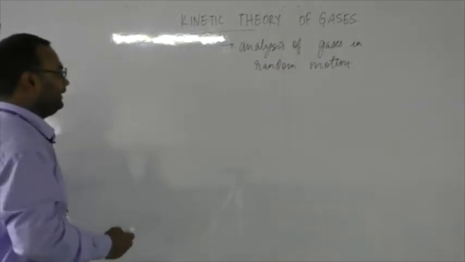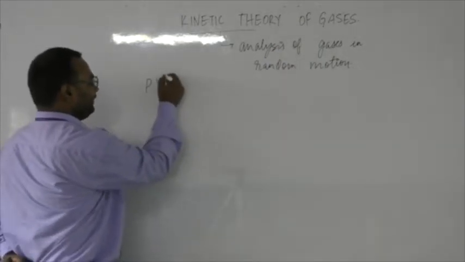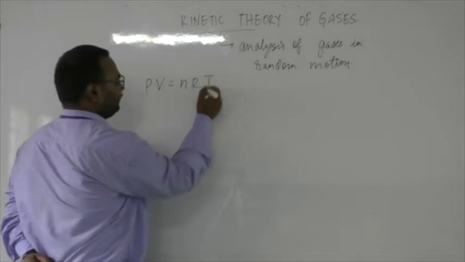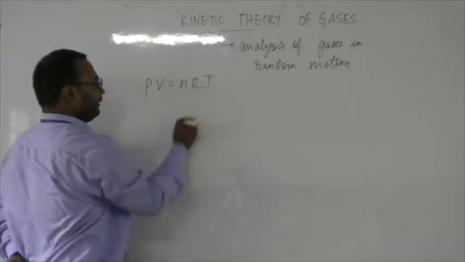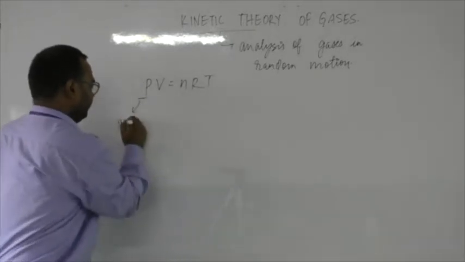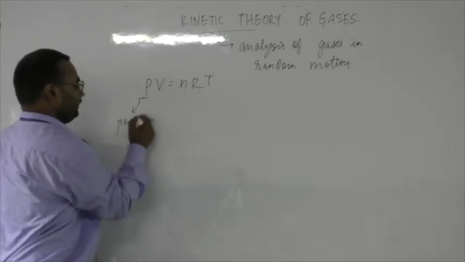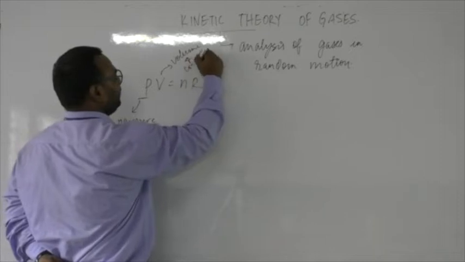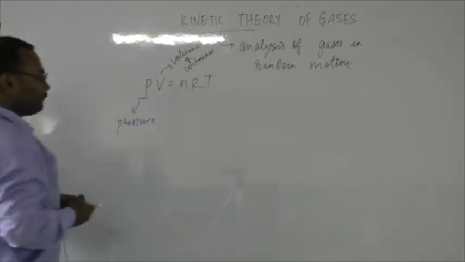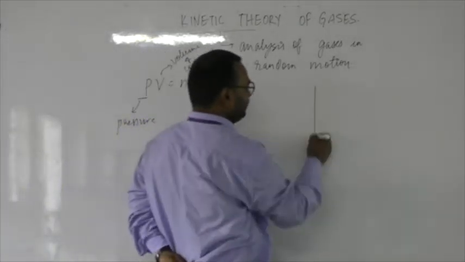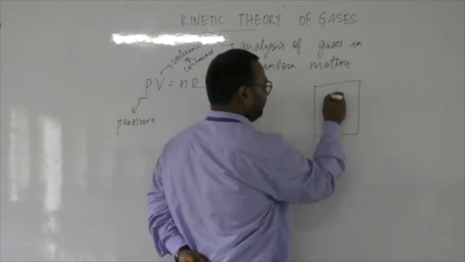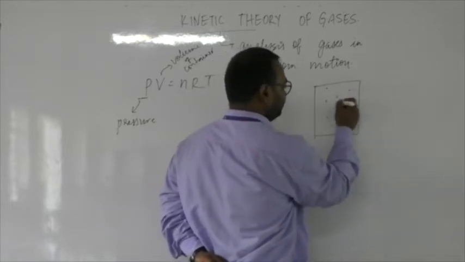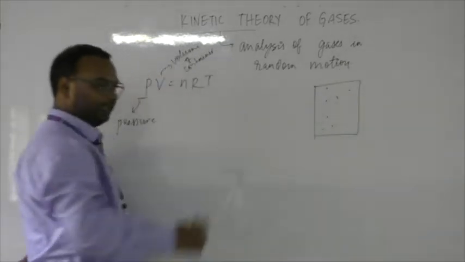we should know that gas follows this gas law, right? Gas law, where this is pressure, this is volume of container. Why? Because in any container, because of gases and the random motions, they occupy all the available space.